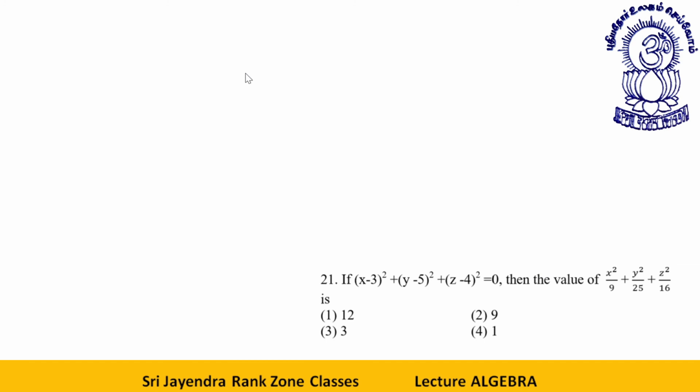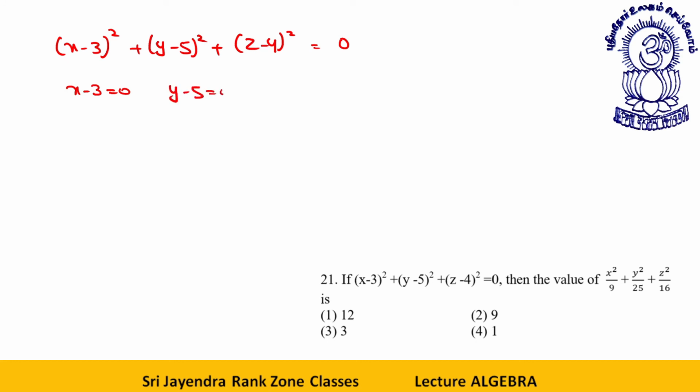This is easy actually. We have done these sort of questions many now. We are given x minus 3 square plus y minus 5 square plus z minus 4 square is equal to 0. What does it mean? It means x minus 3 is equal to 0, y minus 5 is equal to 0, z minus 4 is equal to 0.